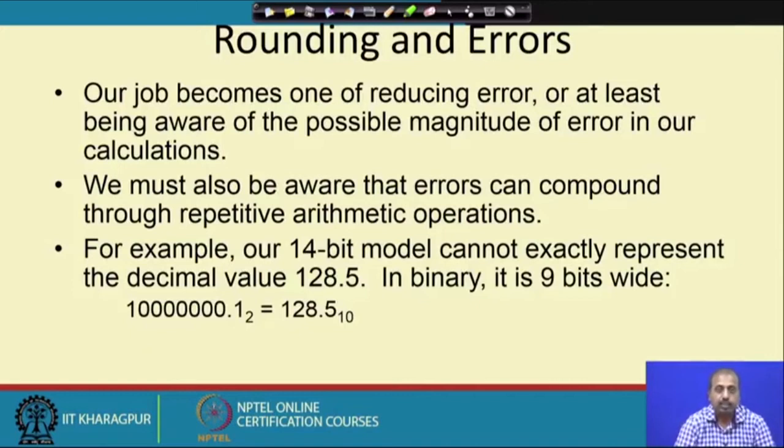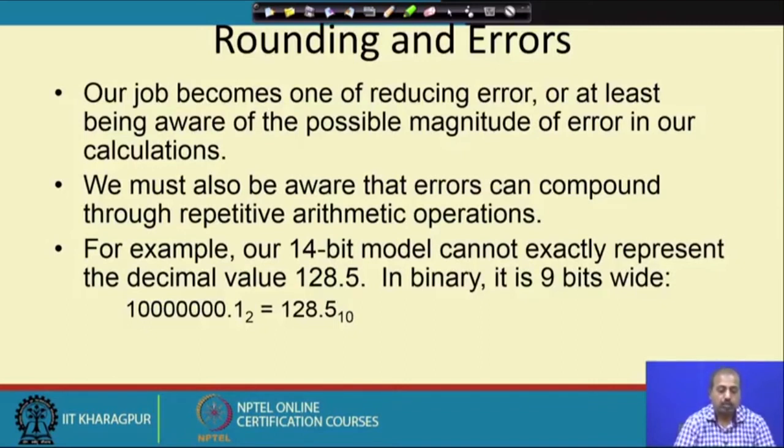Another thing is that as we do an operation repetitively, this may increase the error. For example, if we are adding all the floating point numbers in an array, then as we add successive entries of the array, the error also grows.